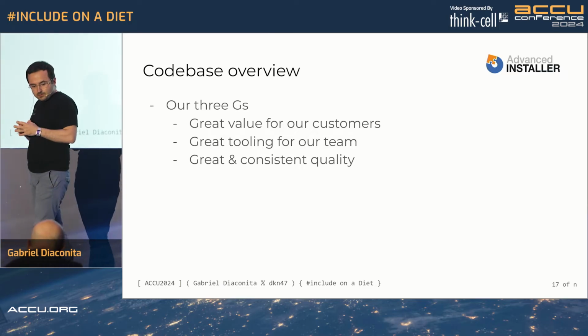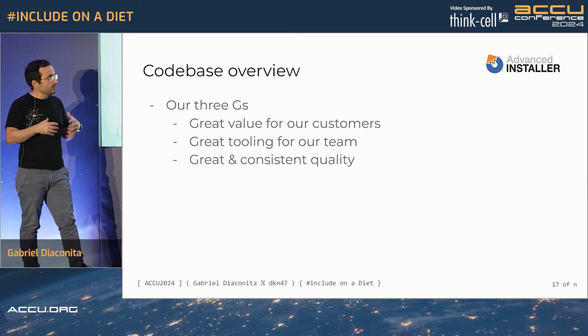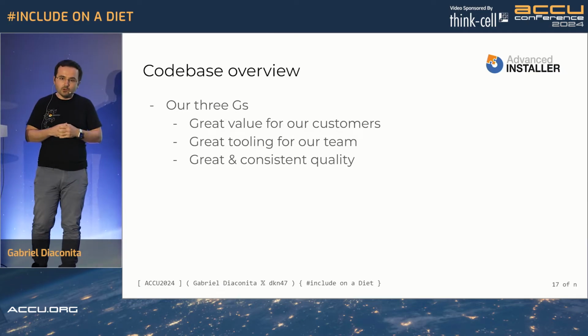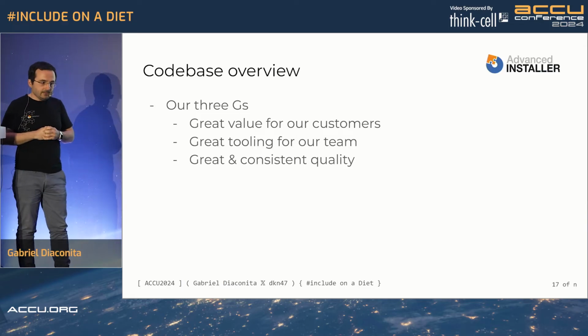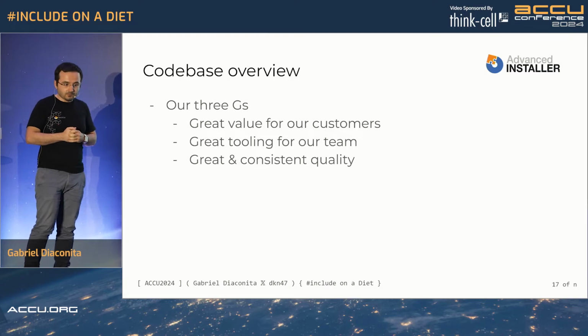So this is a challenge in C++ as the language itself evolves and we find new ways of expressing ourselves. There's also the old code that we need to carry with us.